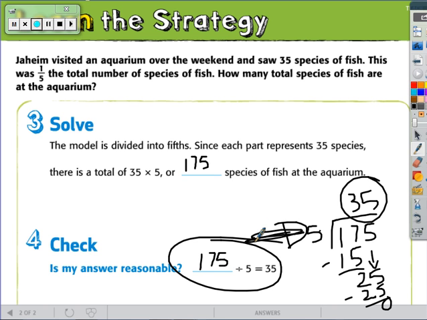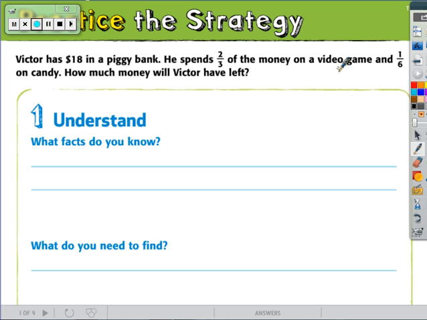All right. So now let's practice a little bit. We're going to talk about Victor. Victor's rich. Victor has $18.